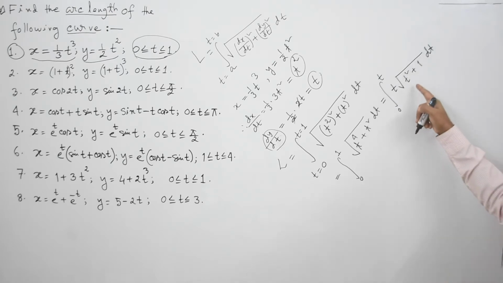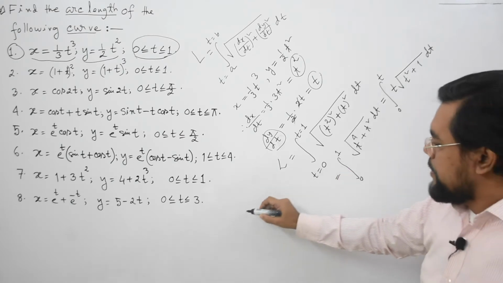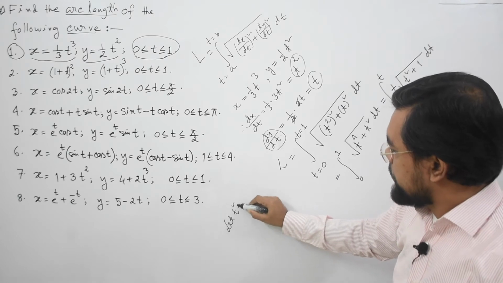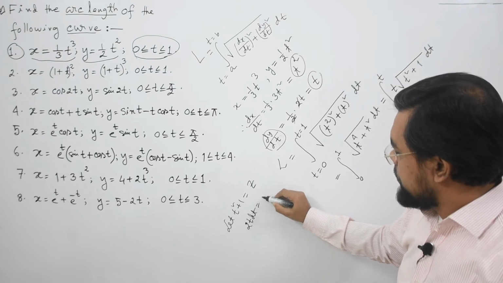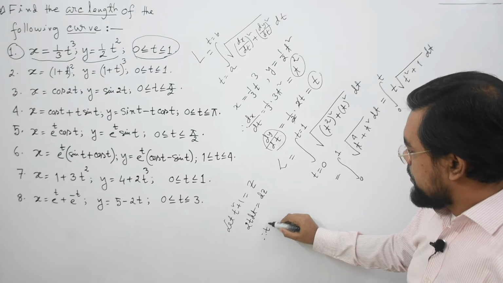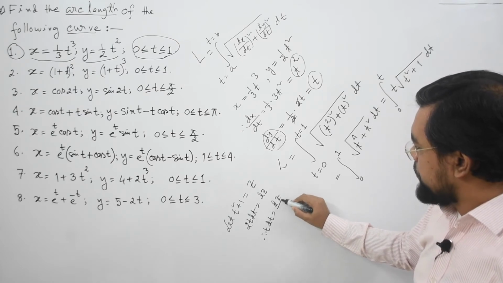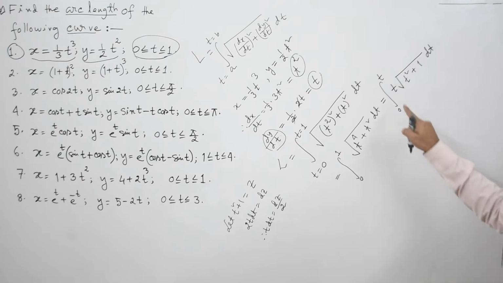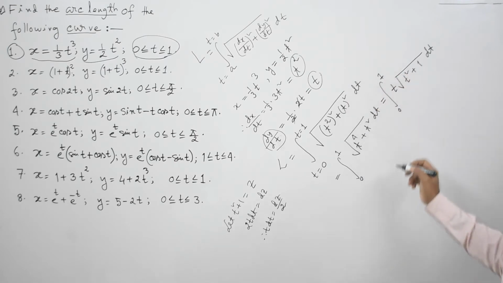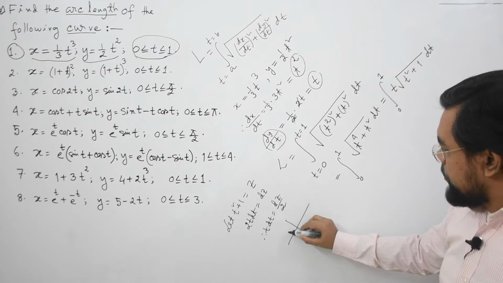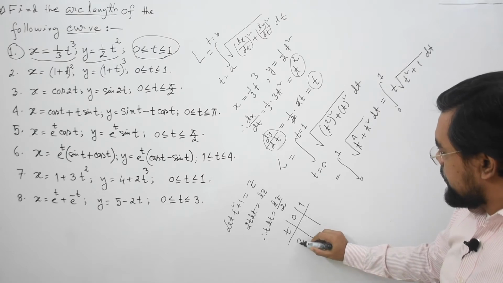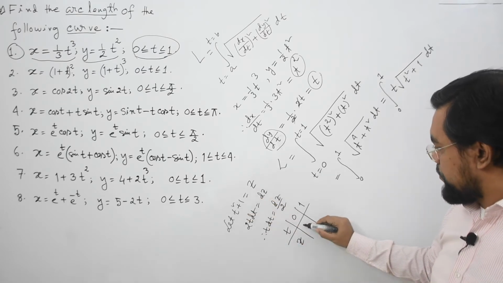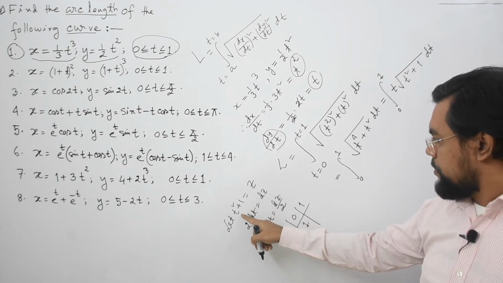Now by using u substitution we can easily integrate it. Let's say t squared plus 1 equal to z, so 2t dt will be dz and t dt will be dz by 2, and the limits will also change: when t equal 0, z equal 1, and when t equal 1, z equal 2.